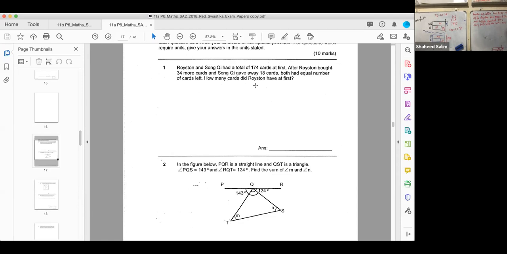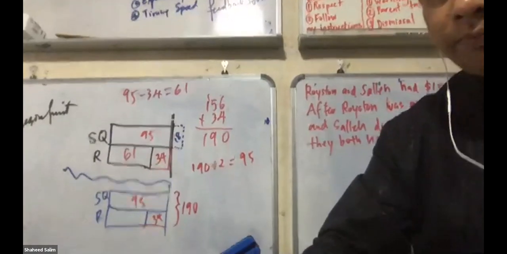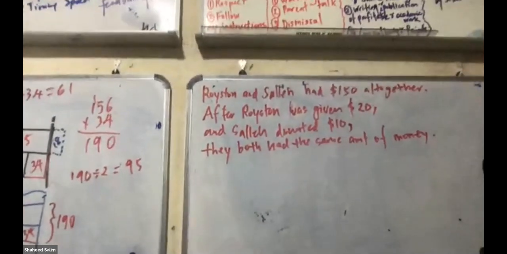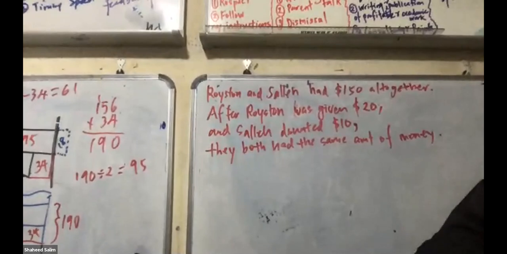What about Zahira? Zahira, you didn't do it, it's okay, because you're copying. What about Shafika, can you get it? Okay, you try this next one. Try this next one, yeah. Can you see or not?